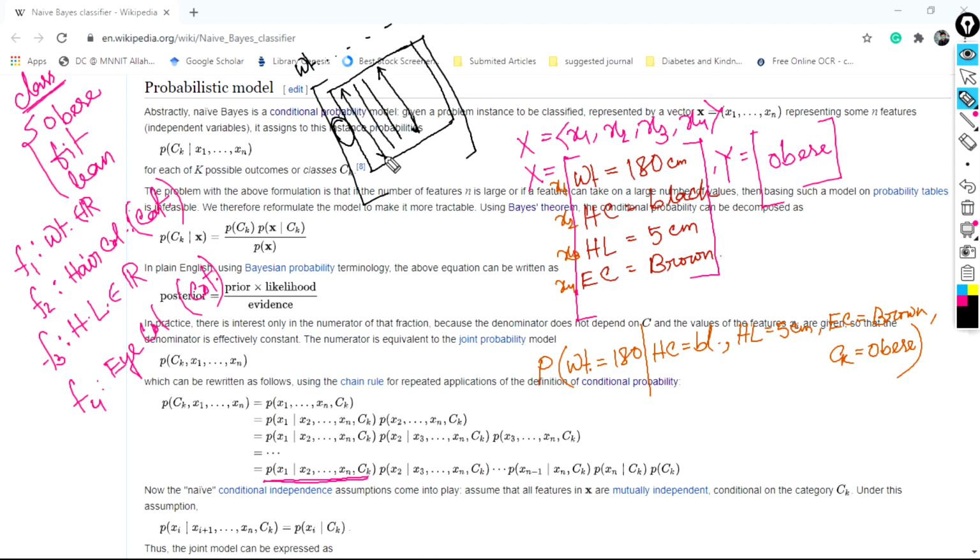In reality this is unrealistic, because hair length is 5 centimeters and weight is also a real number, so it varies dramatically from person to person.